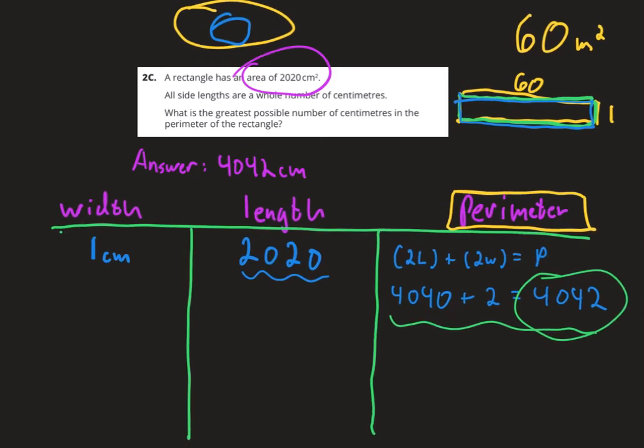Because clearly, let's say you go the next step down for width. So 2. That means you've had to cut this in half into 10, like that. Your perimeter is going to be much smaller, right?